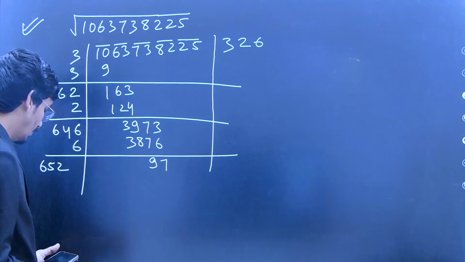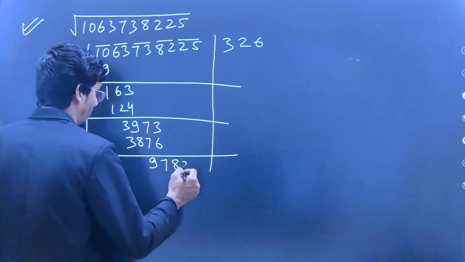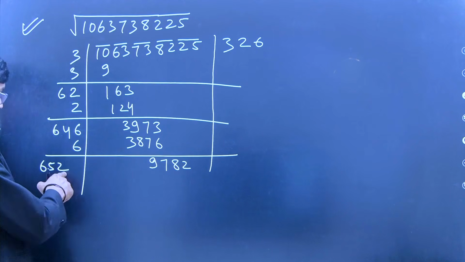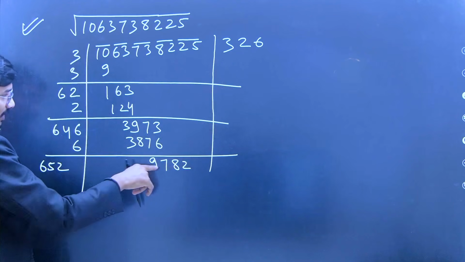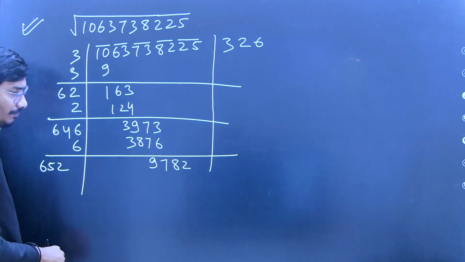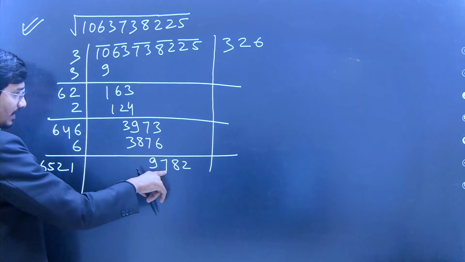Now by what number will we multiply again? First of all, I'm writing 82. So if you're taking any number, by what number will we multiply so that after multiplication that number is less than this one? So simply 1. If you take 2 now, it's greater than this number.